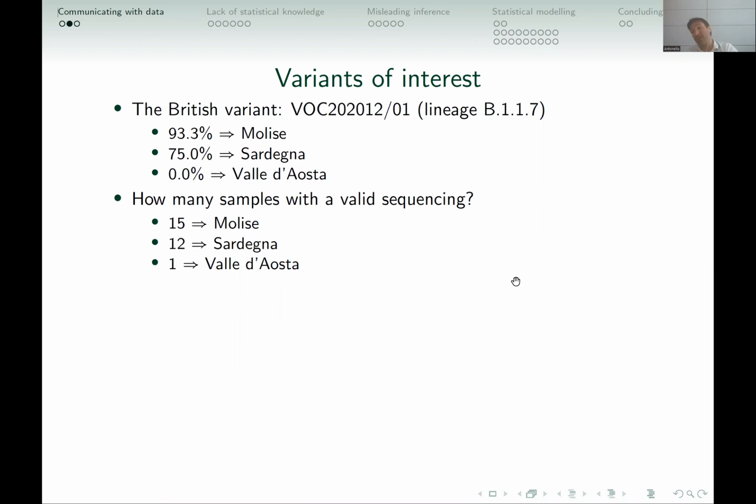If we were very unlucky, 100% of people with the British variant. And this is because, as I will show you in the next slide, the sampling scheme is not properly performed. But when we communicate data, we cannot really say, as the government did, that there is no British variant in Valle d'Aosta, simply because the number of samples sequenced by the government in Valle d'Aosta is just one.